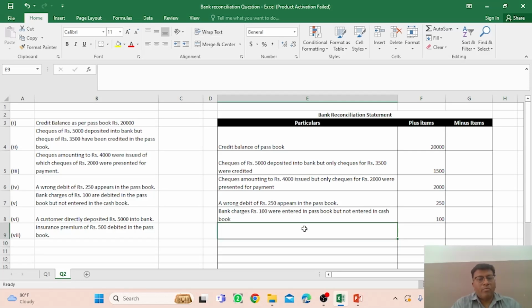So we have to write an amount was directly deposited by customer into bank.